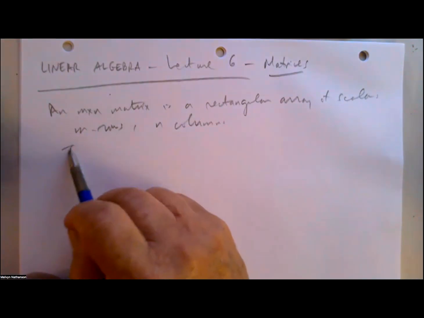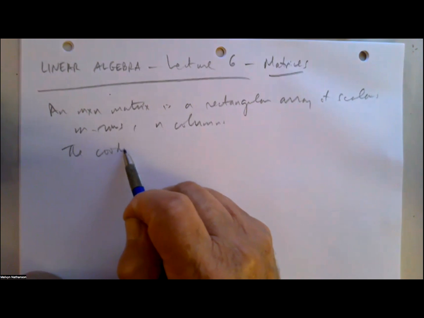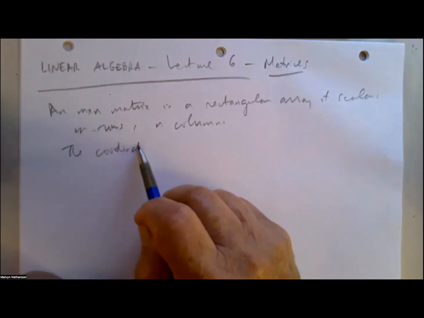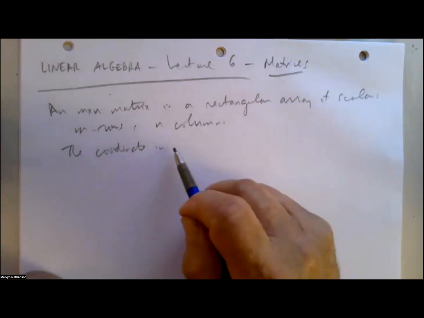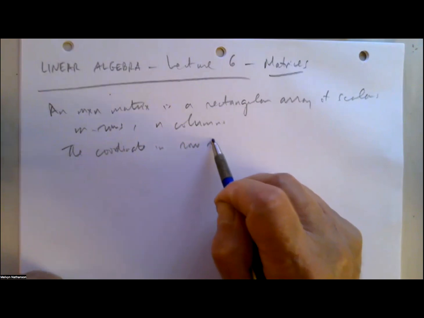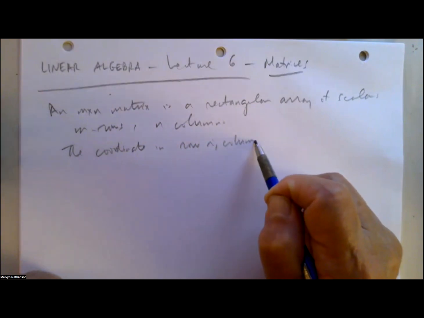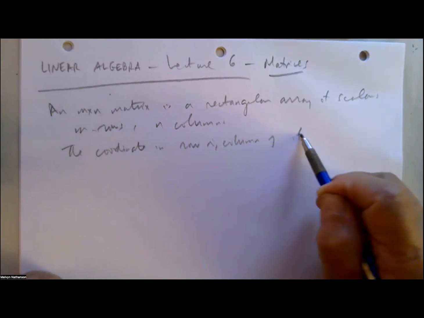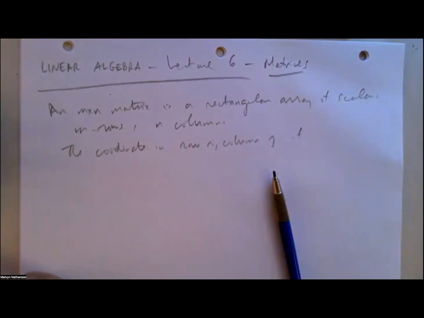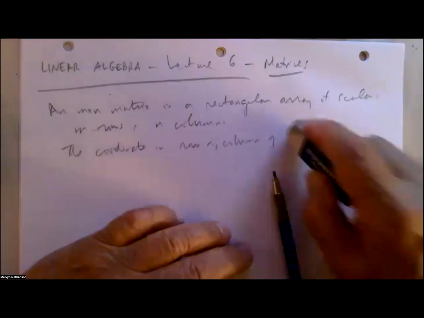And the coordinate in row I, column J, has subscripts IJ in that order. This is the standard notation.